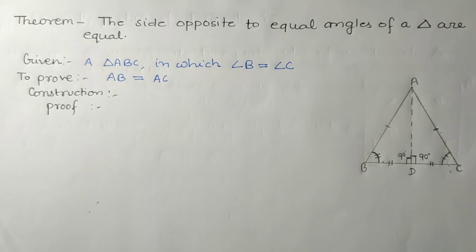These two parts are equal. So basically from A we have drawn a perpendicular bisector to BC. Perpendicular means it is perpendicular on side BC, and bisector means it divides side BC into two equal parts.